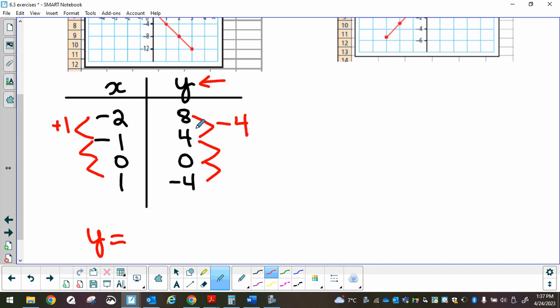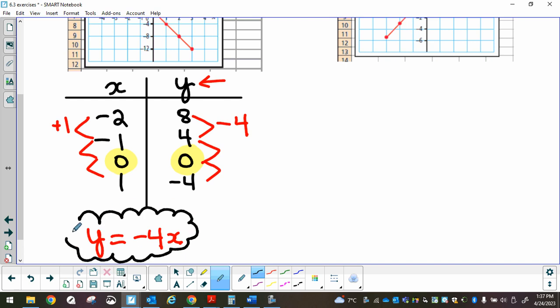Divide them, so -4 divided by 1 is -4x. And then your 0 value is 0, so it's +0. So our equation here is y equals -4 times x.